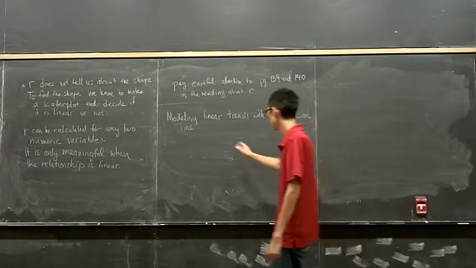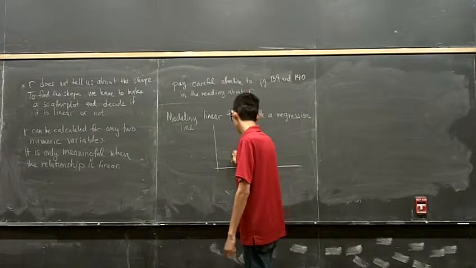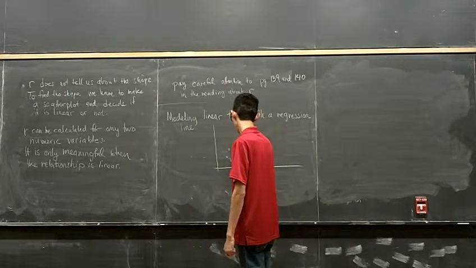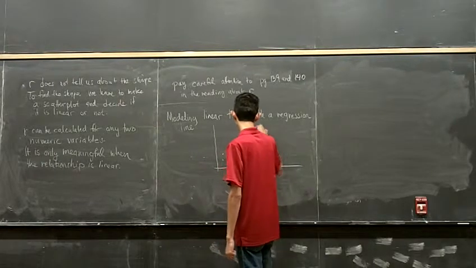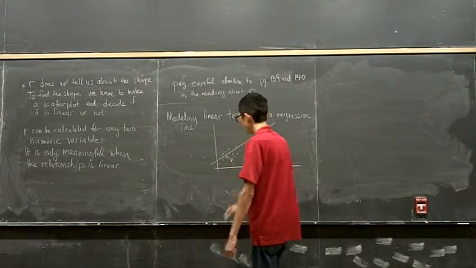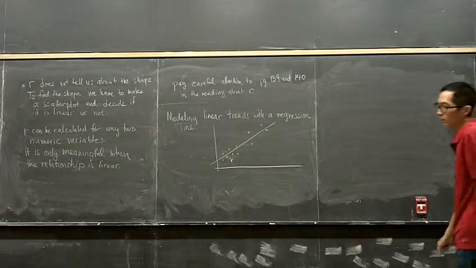This is the idea where we have a scatter plot, we've got some dots, and we want to fit a line that summarizes our data.